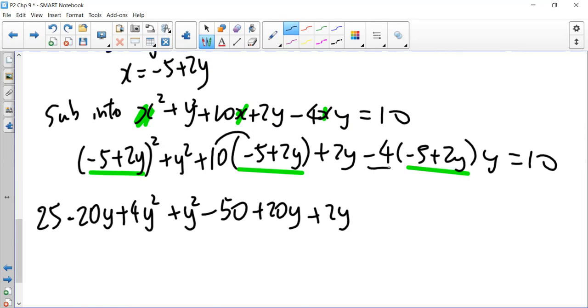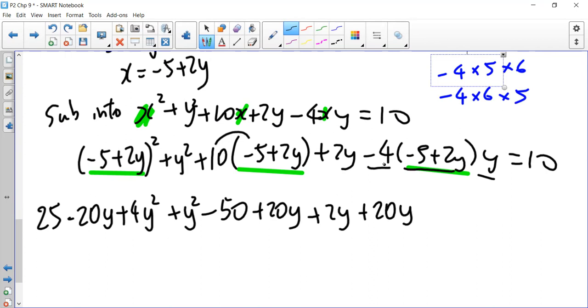Minus 4 times minus 5 plus 2y. This one, minus 4 is like minus 4 times 5 times 6, for example. You can rearrange it, make it minus 4 times 6 times 5. So it's like saying minus 4 times y, so minus 4y times the bracket. Okay, so minus 4y times the bracket is plus 20y. Minus 4y times positive 2y, negative 8y squared, equals 10.